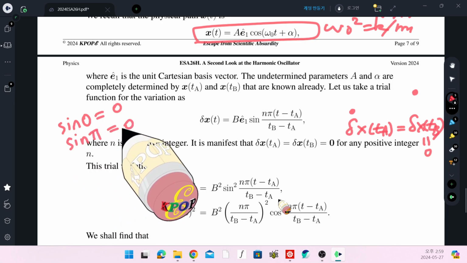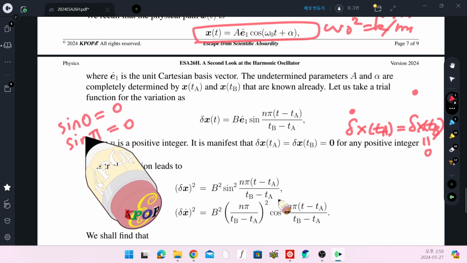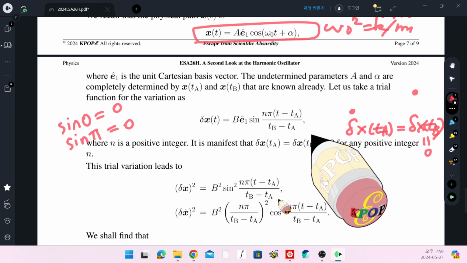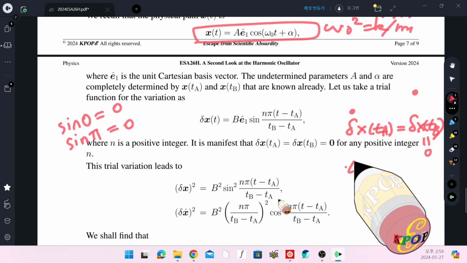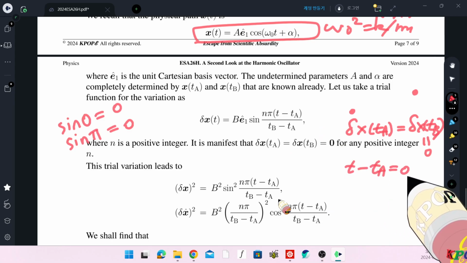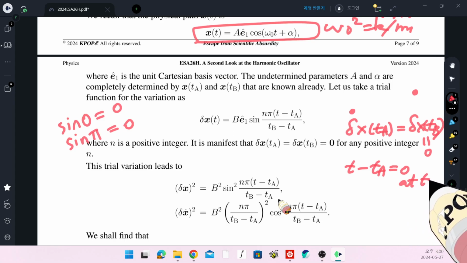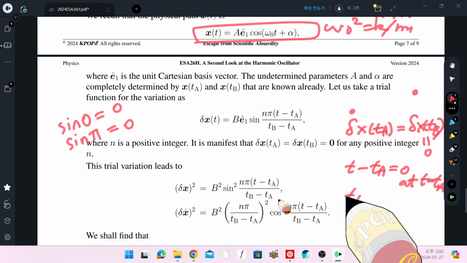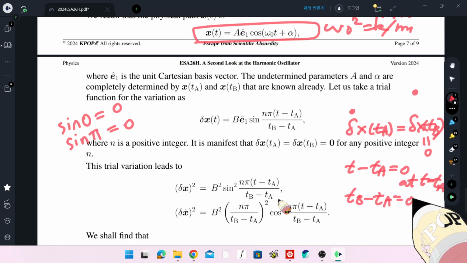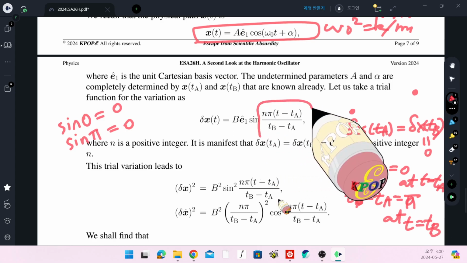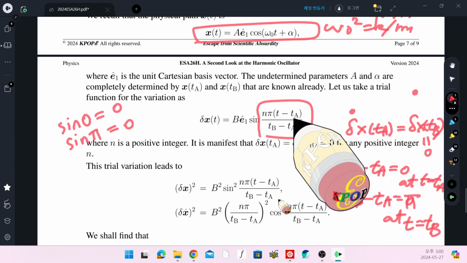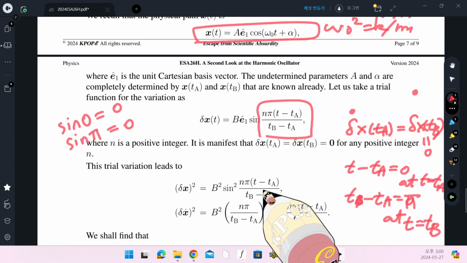So we can manipulate the coefficient of time so that it appears that t minus t_a equals 0 at t equals t_a, and t minus t_a equals pi at t equals t_b. That can be done by choosing the argument of sine to be this, where n is a positive integer.